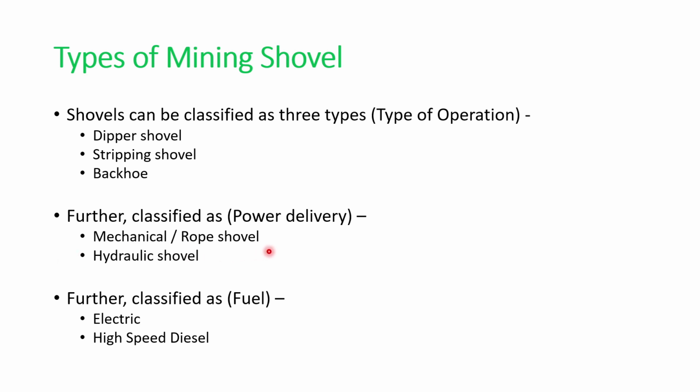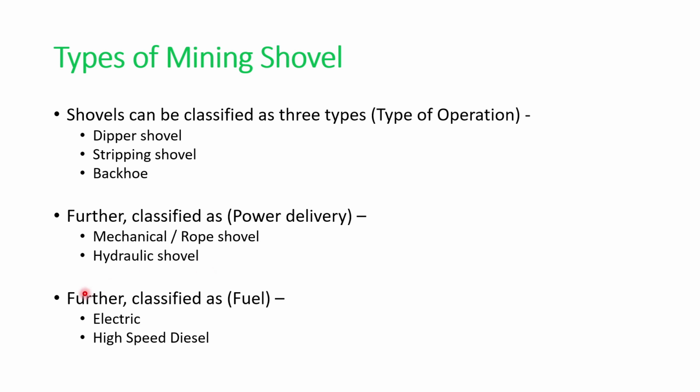In the rope shovel, the bucket movement or the bucket opening, closing, all things are managed by the rope, and the ropes are controlled by the mechanical motor. In the case of hydraulic shovel, hydraulic cylinders are used, and by pumping the hydraulic fluid, the bucket opening, bucket closing, bucket movement, all these operations are managed.